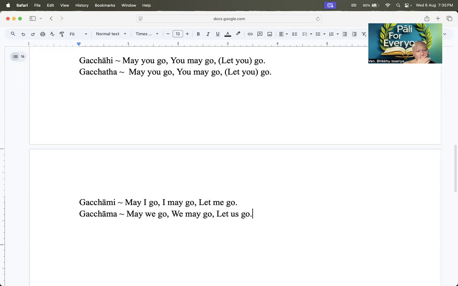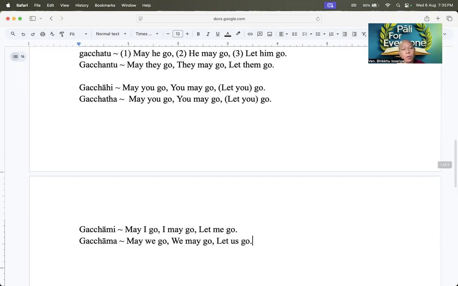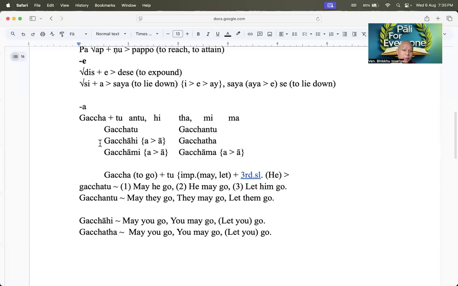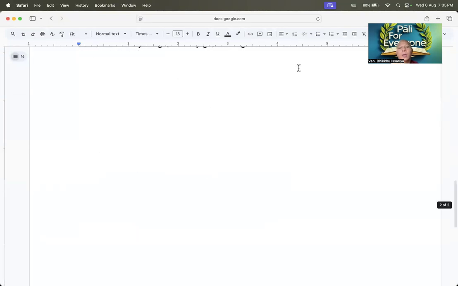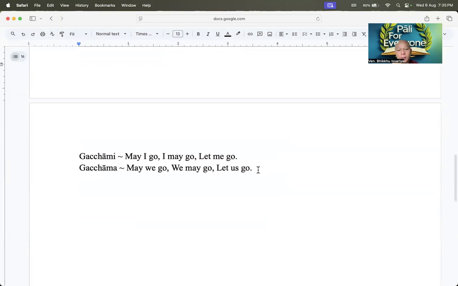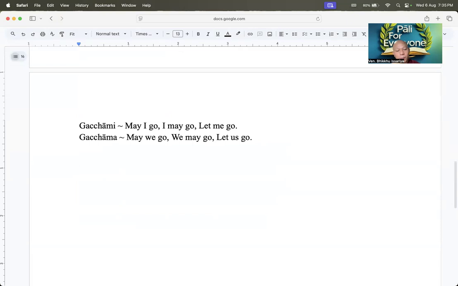But here one more for the second person singular. So for the second person singular, now for the base, for example, gaccha and then hi. So we have two possibilities.